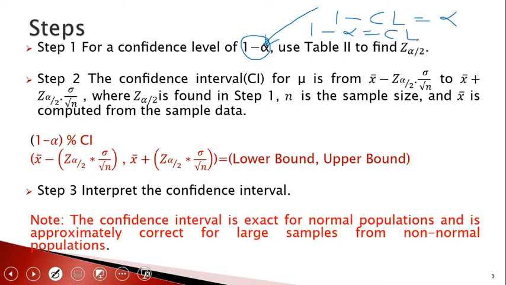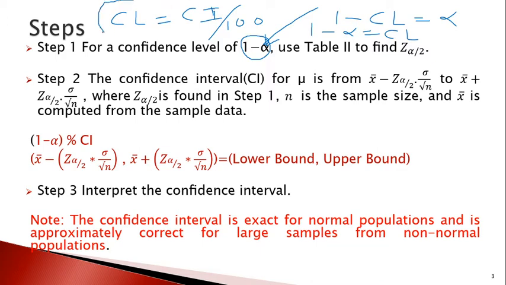How do you calculate the confidence level? Confidence level means the confidence percentage divided by 100, right? Because the confidence percentage is always given as a percent, when you divide that by 100 you get the confidence level, which is just a decimal number, 0 point something.